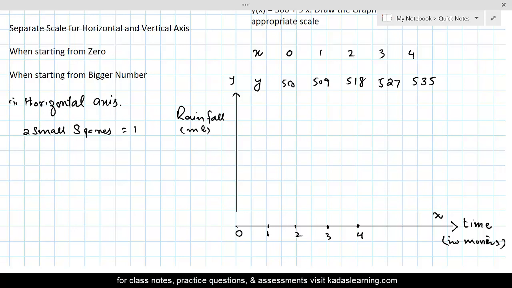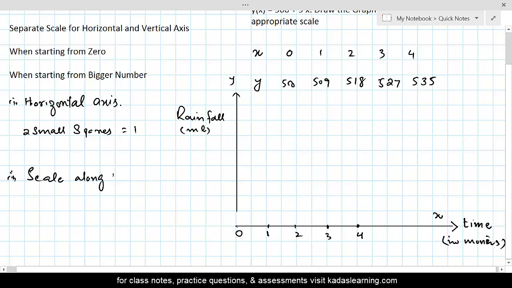Now the scale along vertical axis. The problem here is, we can see that the initial value is big enough.